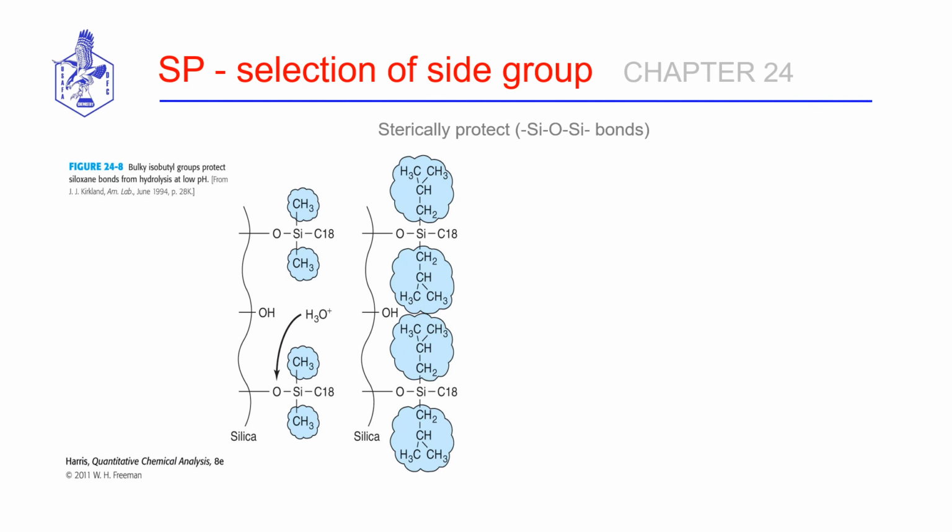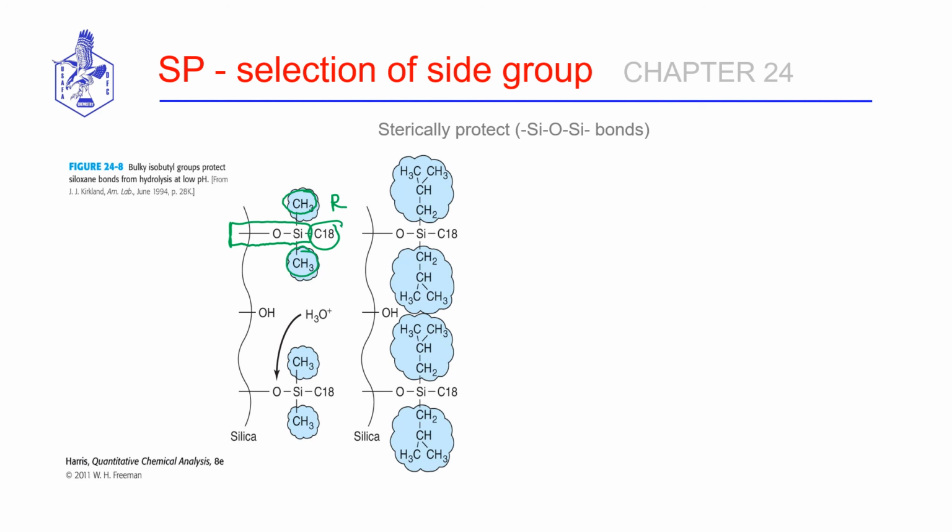The next selection that one has to make in choosing our stationary phase material is the nature of the side groups. So initially, the attached silane compound that we put on our surface, we have our desirable R group, in this case an octadecyl, and the most common types of silanes that are attached to the surface are going to have methyl groups as the side groups.